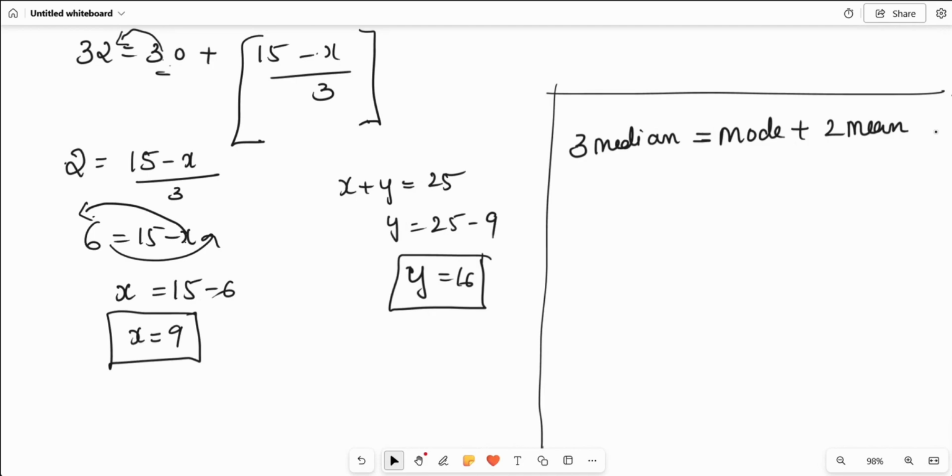So 1 mark question, sometimes they give any two of that, you have to find the other one. So MCQs, what they will ask, they will give any two, they will ask the other one to find.